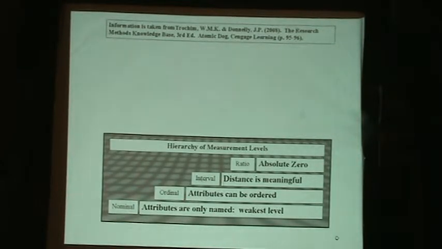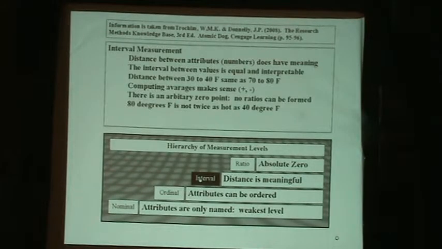The next is interval data, and in interval data the distance between the numbers is meaningful. So the distance between attributes or numbers does have meaning. The interval between values is equal and interpretable.